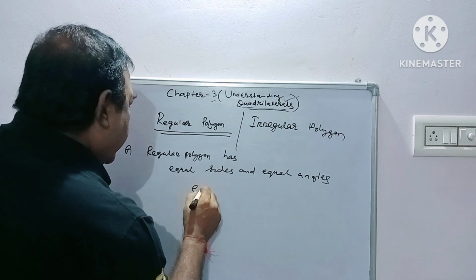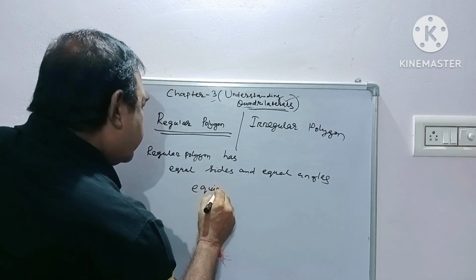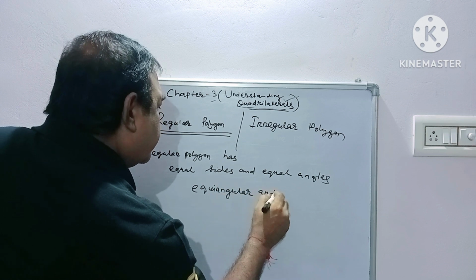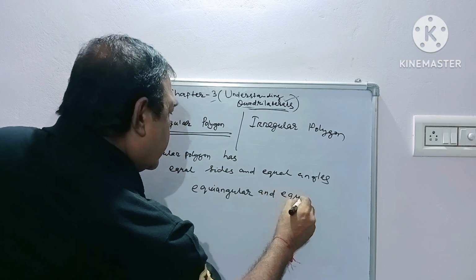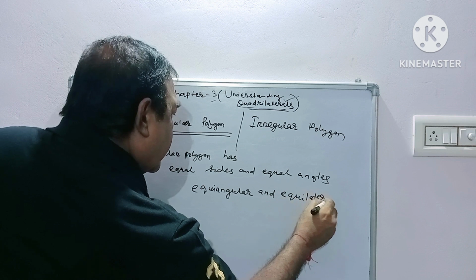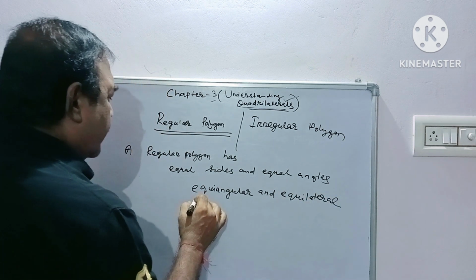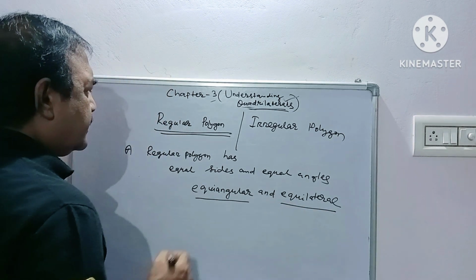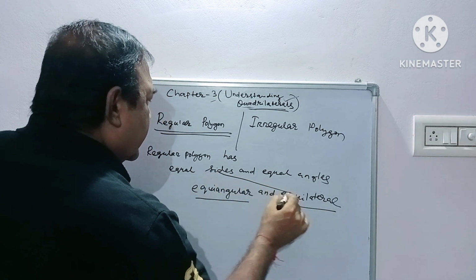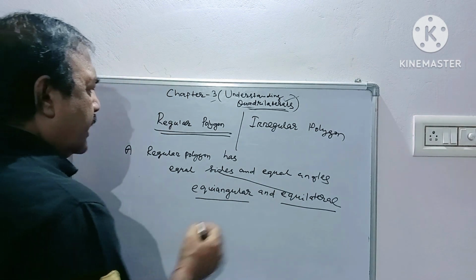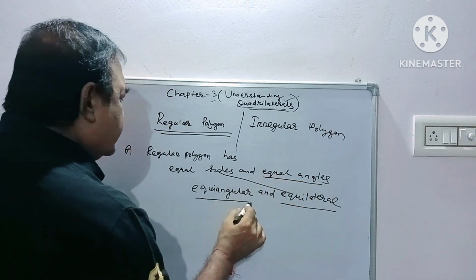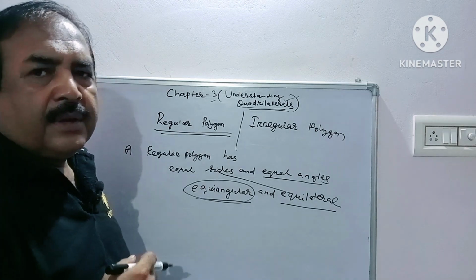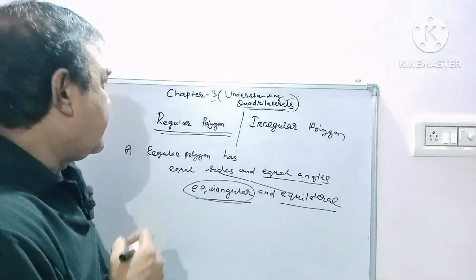It is equiangular and equilateral. Equilateral means the sides are of the same measurement, and equal angles, that is equiangular, means the angles are of equal measure.